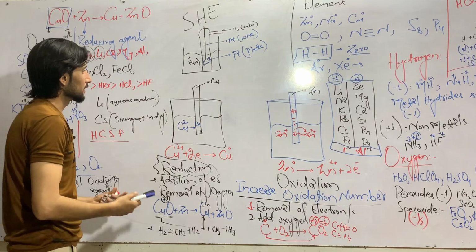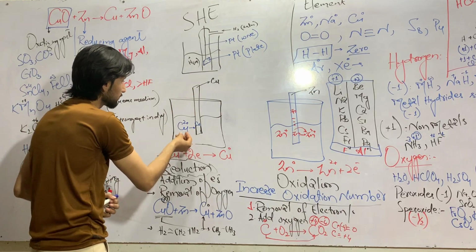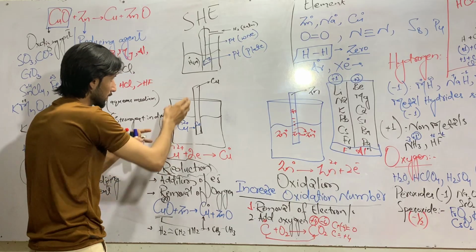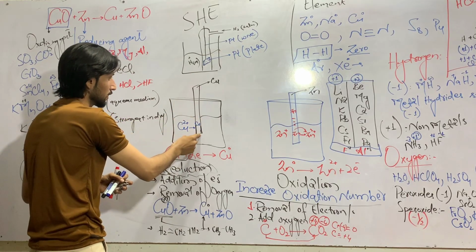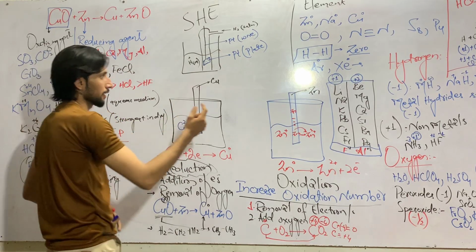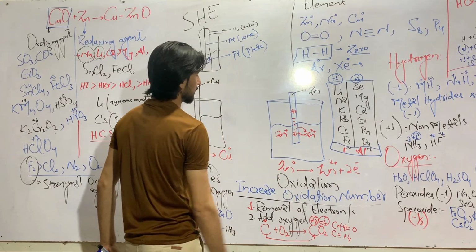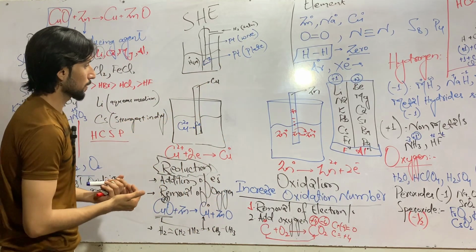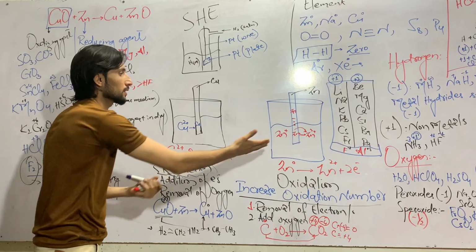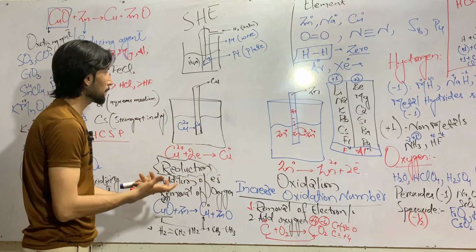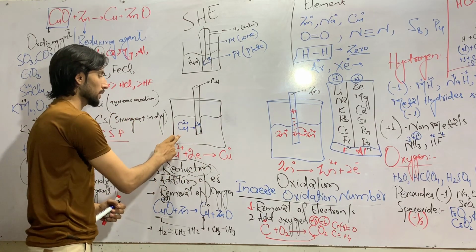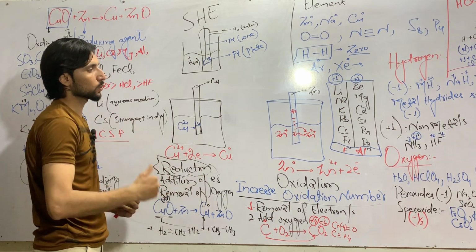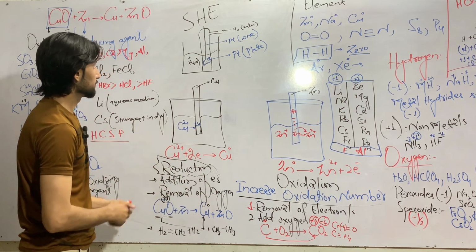Now we saw the tendency when a copper strip was put in its ions and a zinc strip was put in its ions; we saw different tendencies. One was giving off electrons and the other was gaining electrons. In one case, ions were converting into atoms; in the other, atoms were converted into ions.